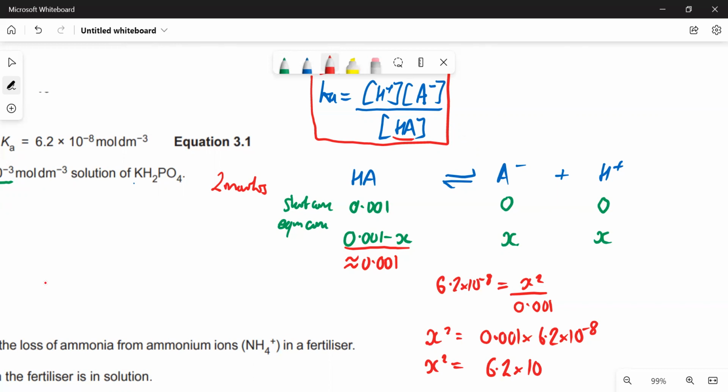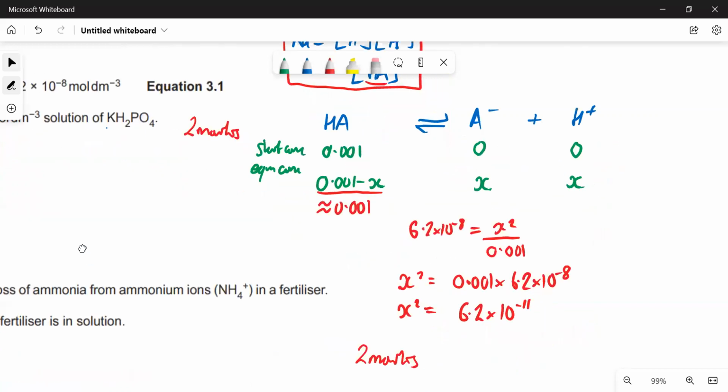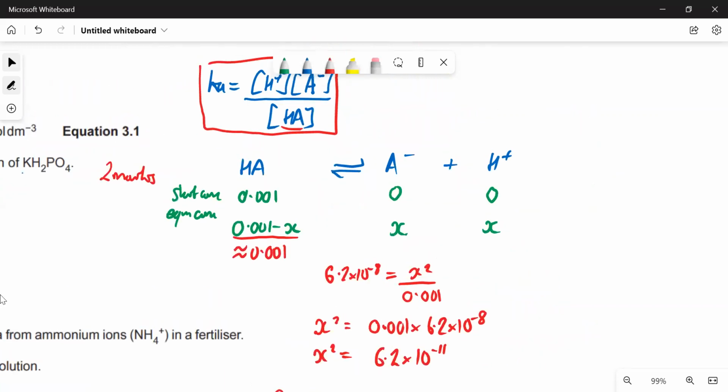Okay, and we need to take the square root of that now to find X. So X is equal to the square root of 6.2 times 10 to the minus 11, which is equal to 7.87 times 10 to the minus 6 moles per decimeter cubed.